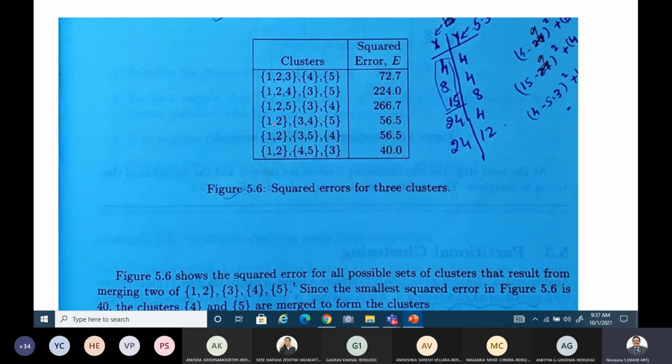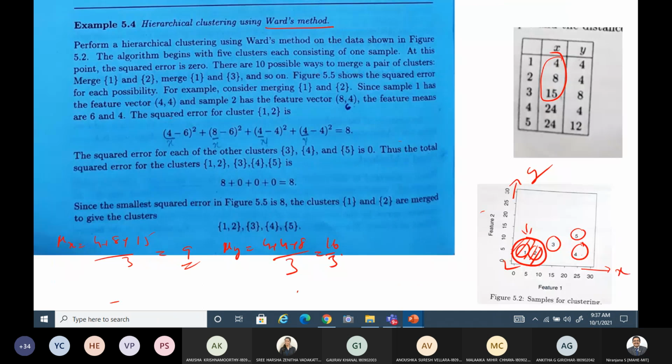You get some error for this, some error for this, and the error for this may be 0. So altogether it is 56.5. But when you compare, this is the least. So in the second iteration, the same samples 4 and 5 are merged, chosen based on squared error.